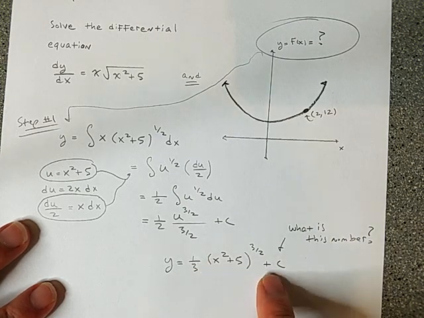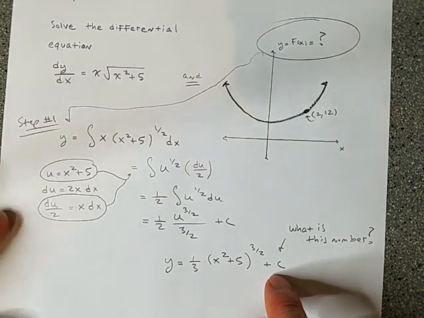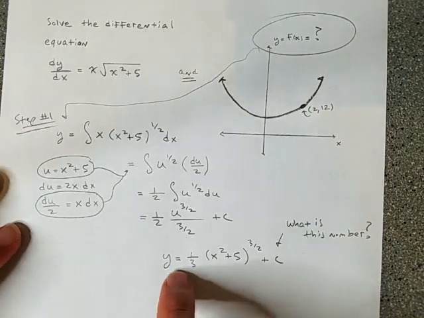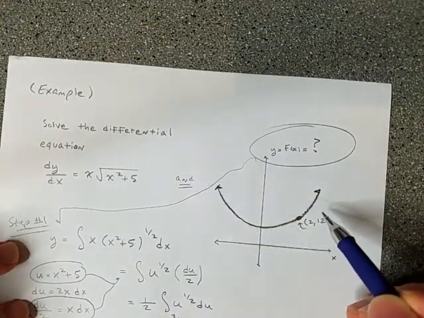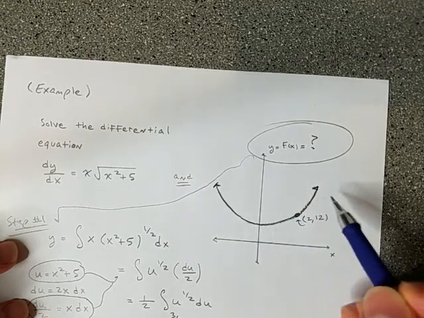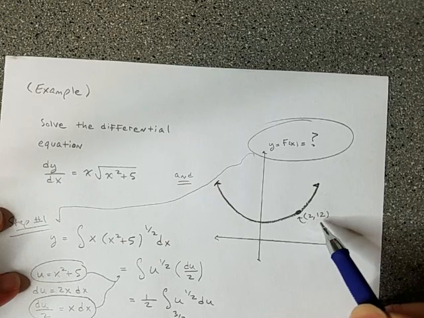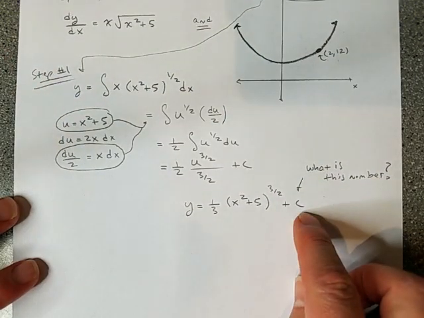If you take the derivative of this, because c is just a constant, even if I don't know what it is at this point, it will zero out and you'll get that. What else do we know about this function? Well, we were given its graph, and some points are labeled. For example, in this function, when you put 2 for x, you will get 12 for y. So that will allow us to find c.